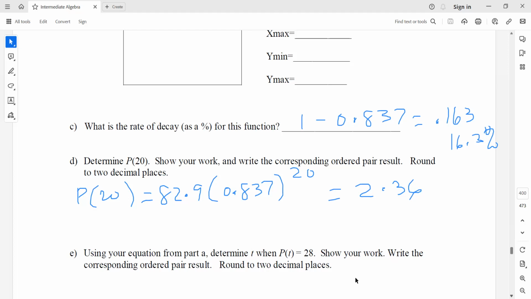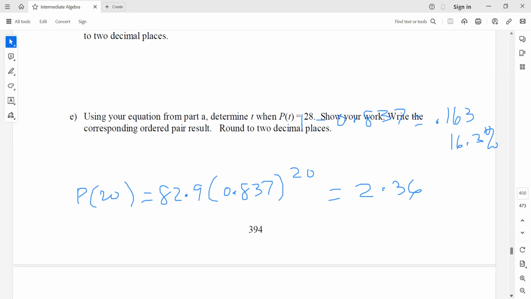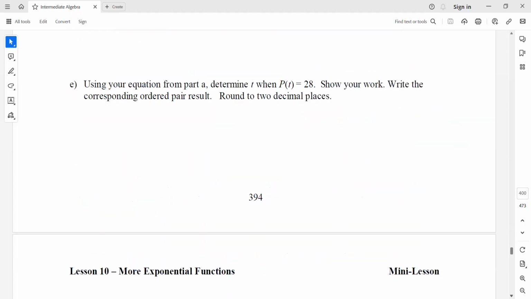Now, use your equation from part A, determine T when P of T equals 28. So here, you're trying to find the time. So P of T, we know that that is 82.9, 0.837 to the power T equals 28.